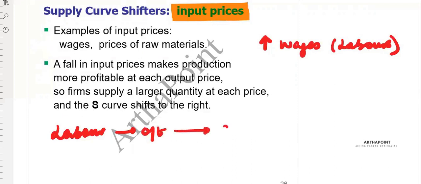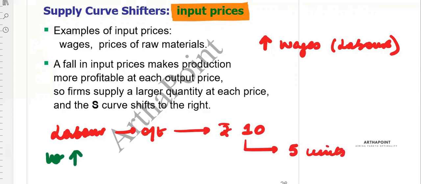You are selling, suppose, your output at a price of 10. At a price of 10, you're willing to sell 5 units of your output, each at 10 rupees. When the wage that you pay to the labor increases, then what this means is that the cost of production has increased.